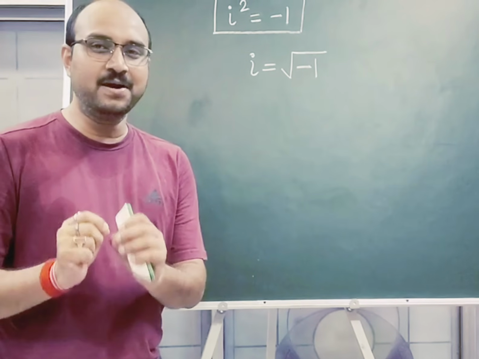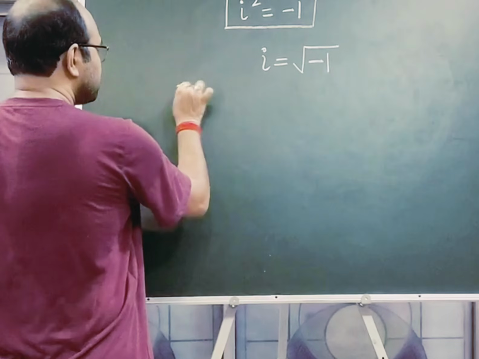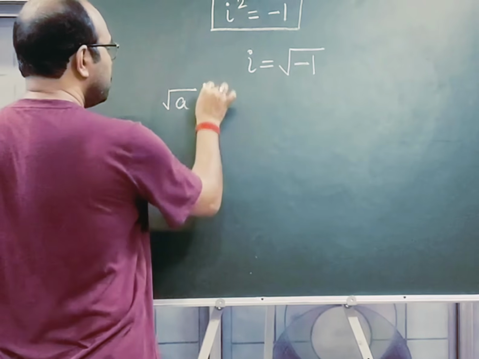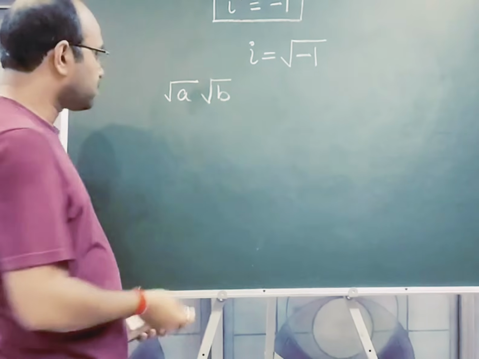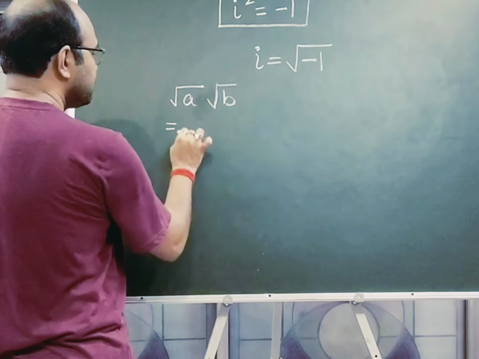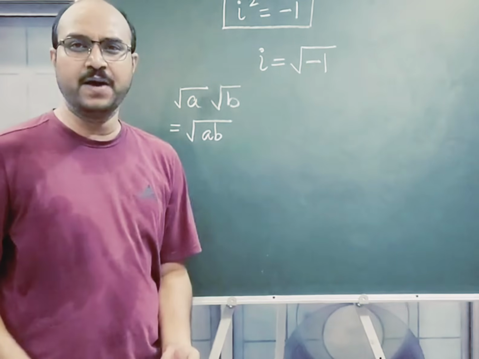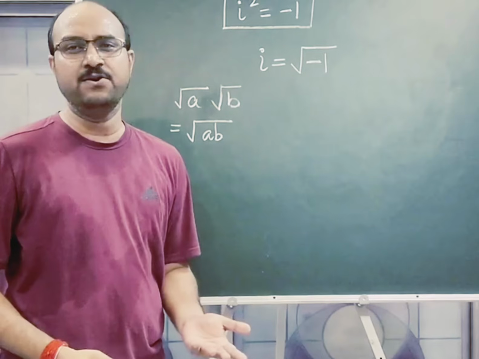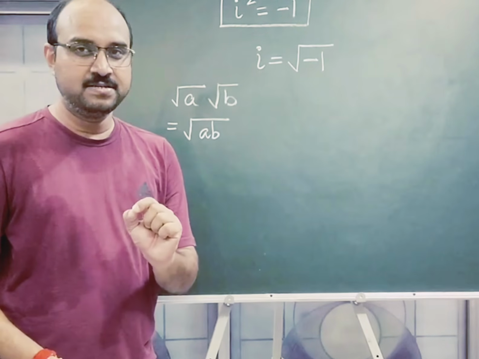Now, one of the important concepts of elementary mathematics is that if there are square roots of two real numbers multiplied with each other, square root of A into square root of B is equal to square root of AB, provided A and B are real numbers.